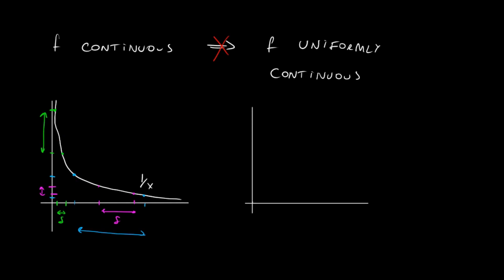But now when we look at the other function, x squared, we were in the interval 0, 1, that's why I'm not drawing the negative part, but it actually is the same. It's going to be uniformly continuous everywhere. When we take an epsilon, we have this delta.